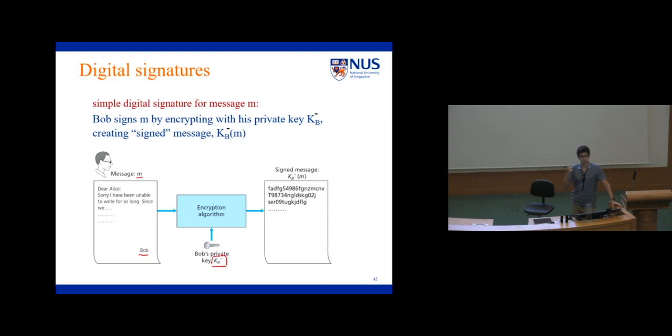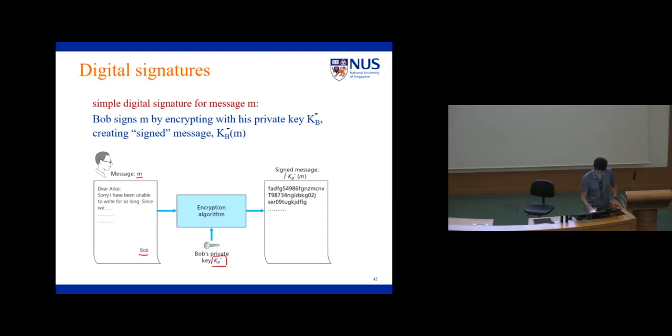So remember, for confidentiality, we were encrypting with the public key of the destination, so that our destination, but only our destination, can decipher that message. But now Bob is encrypting that message with his own private key. And because only Bob knows this private key, only Bob could have signed that message, but no one else.